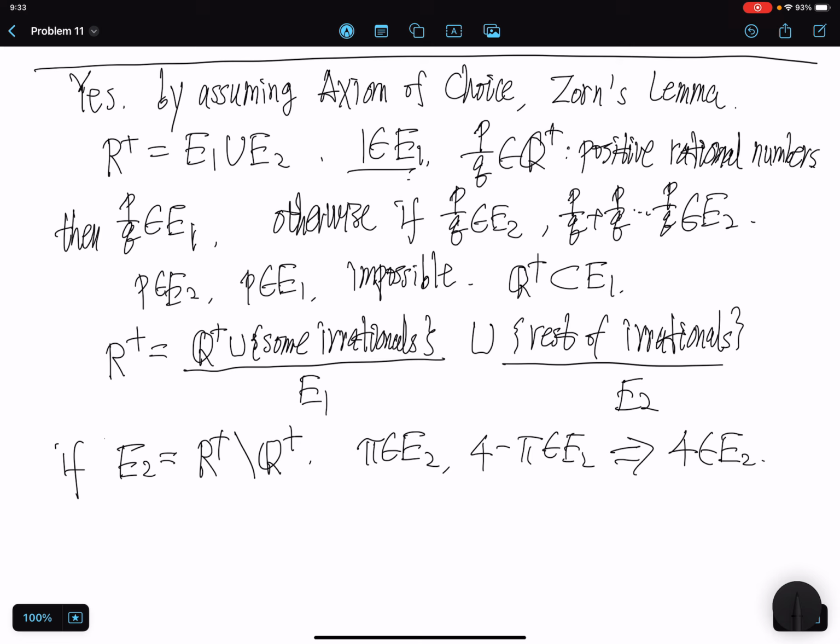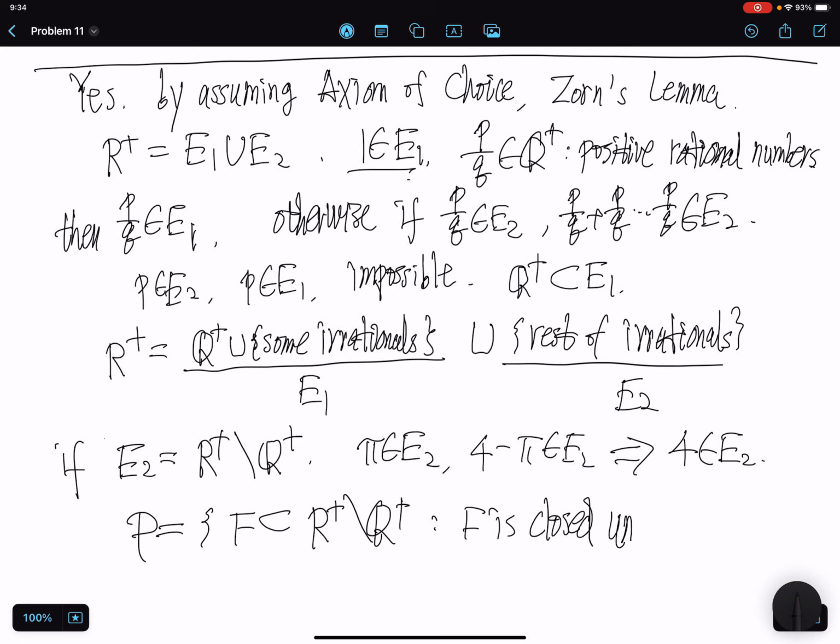So basically we are building this E2 by using Zorn's lemma. In order to apply Zorn's lemma, we first define the partially ordered set P to be the set of F, where F is a subset of the irrationals and F is closed under addition.